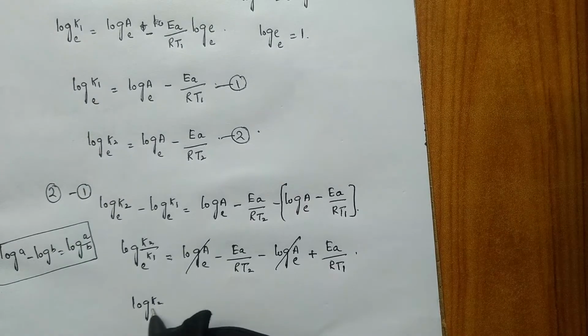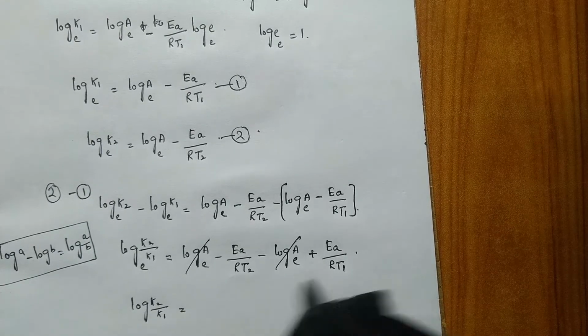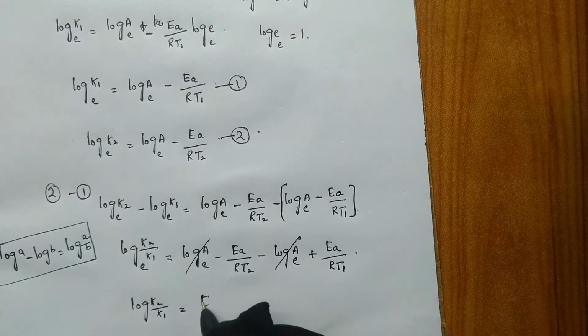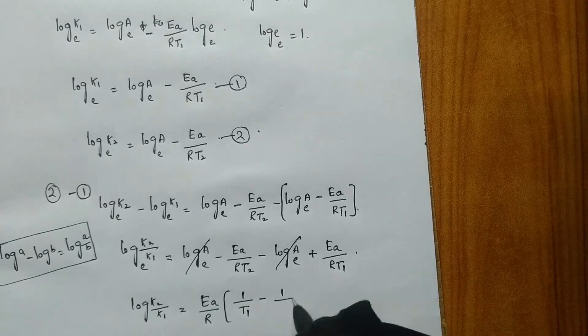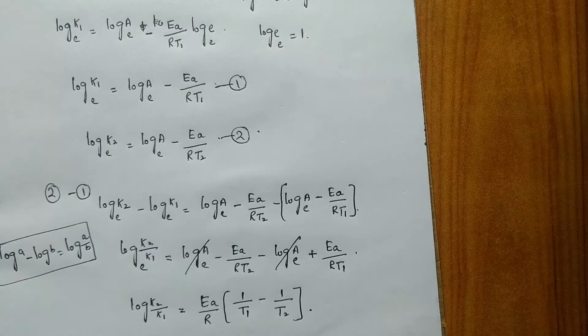Now log K2 by K1 is equal to, we can take Ea by R common, into 1 by T1 minus 1 by T2, right?